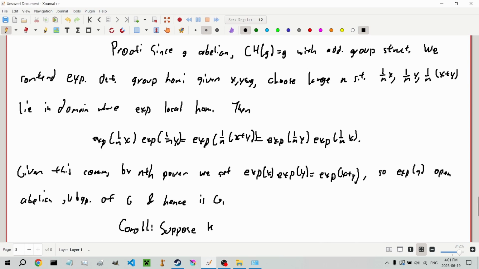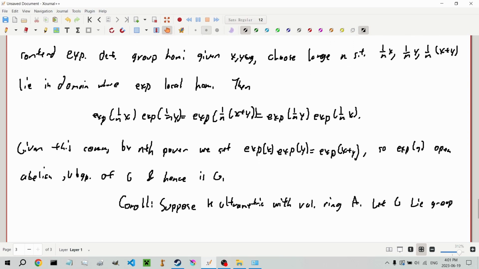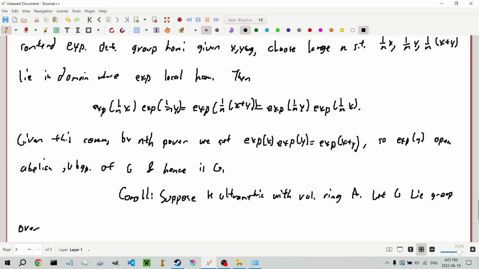So suppose K is ultrametric with a valuation ring A, and let G be a Lie group over K of dimension n, such that our algebra, being the algebra of our group, is abelian.